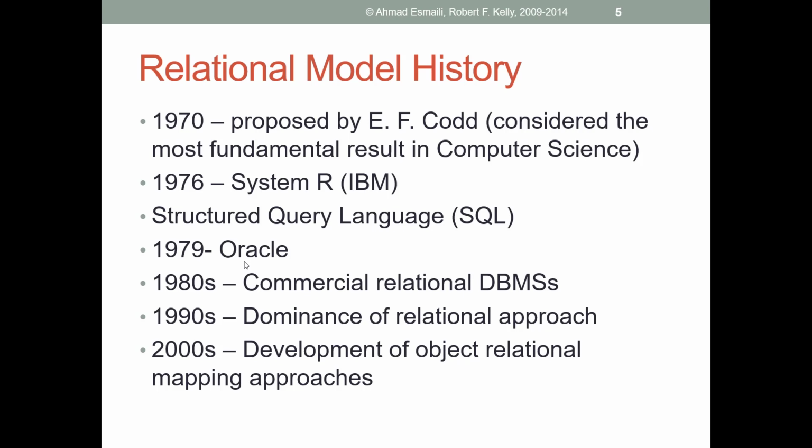Because of object oriented programming, which has been dominating for a while, people started thinking of adding object oriented features into relational databases, so that designing an application with a relational database and an object oriented front end could become more flexible. So that's the recent thing, the integration of object oriented features into relational databases. That much of history, I believe, is sufficient for us. So let's move on.